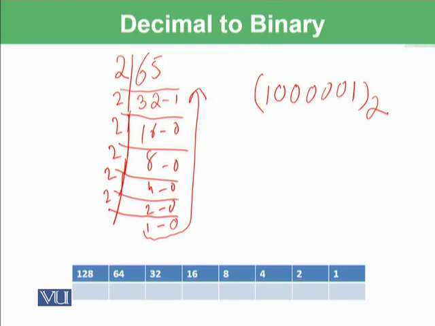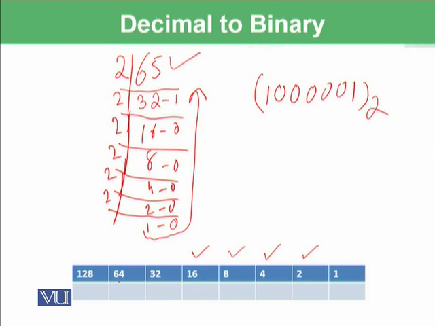And there is a short form to represent this, which I want to explain to you. So you can see that it is 65, and I have written a table which is the powers of 2. 2 raised to power 1 is 2, 2 raised to power 2, 2 raised to power 3, 2 raised to power 4, and so on. We want to make 65.